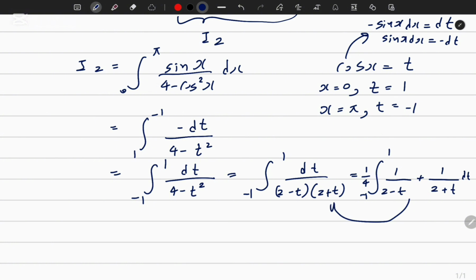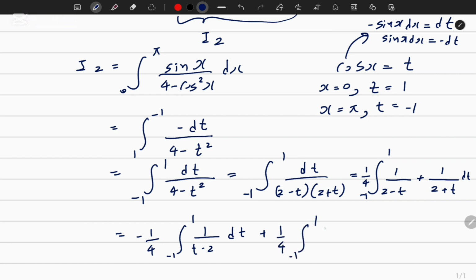When I solve this, I will get this one, right? So this is 1 over 4. I will take a minus sign outside. So minus 1 to 1, 1 over t minus 2 dt plus 1 over 4 minus 1 to 1, 1 over t plus 2 dt, right?